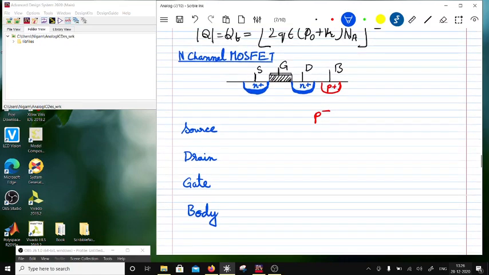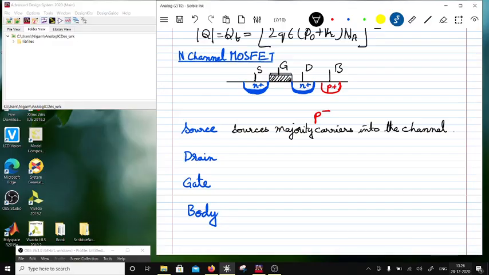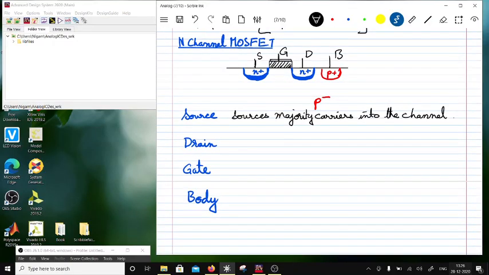Okay, so let's see what each one does. Source, as the name says, is the source of majority carriers. So it sources majority carriers into the channel. That's why it is called a source. Drain would drain majority carriers from the channel.